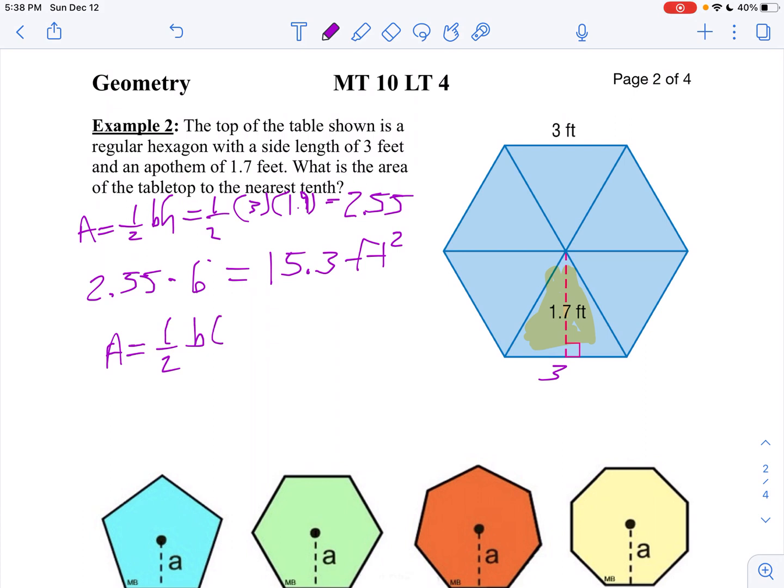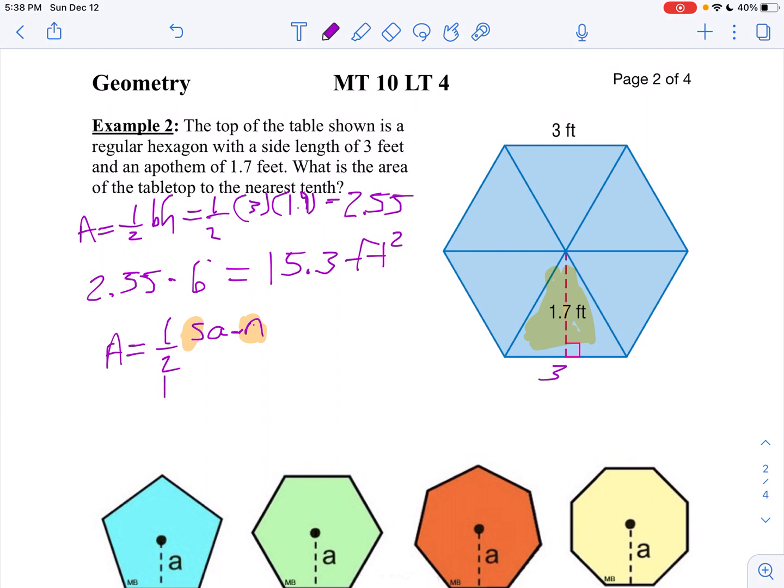I'm going to call it the side length, if that's okay. So it's the side length times the apothem, and then I multiply it by the number of sides. Well, what's important here is to understand that if I take the side length and multiply it by the number of sides, like in this case, 3 times 6 sides, I'm finding the perimeter, aren't I?